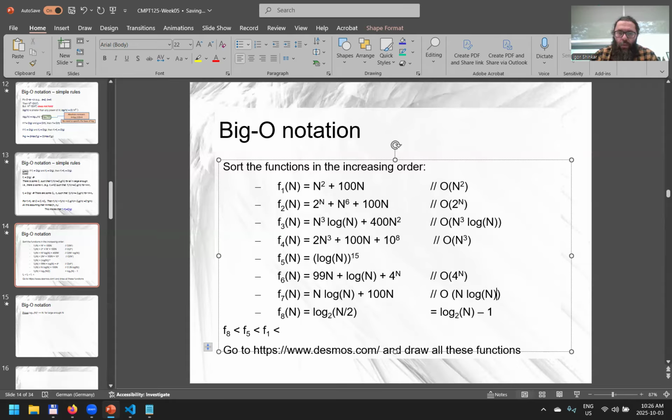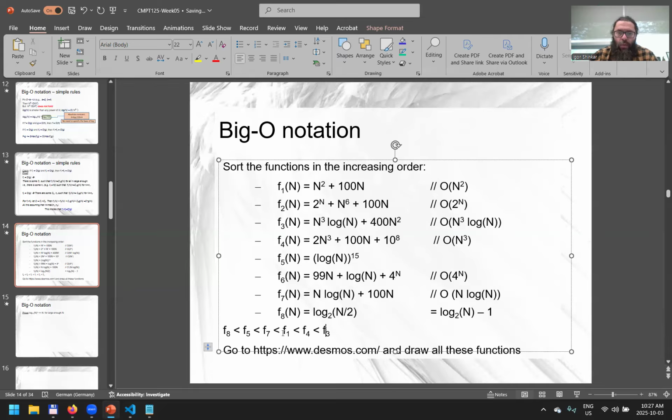So we have, I guess, F7, and then F1, and then F4 and F3.